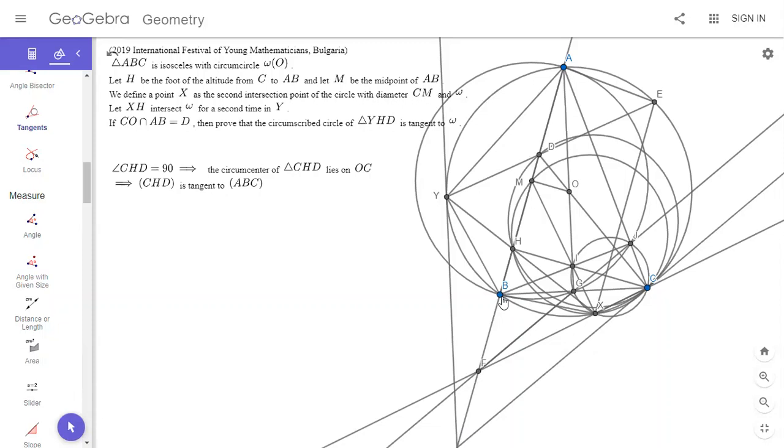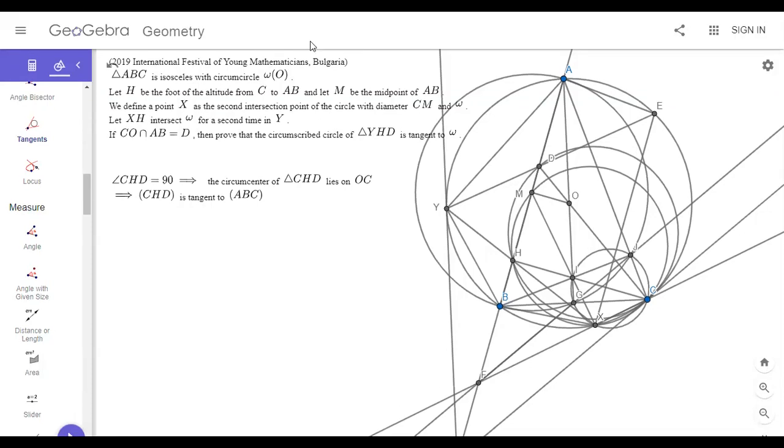I think you said that would solve it, right? It's a median. So, CY, yeah.